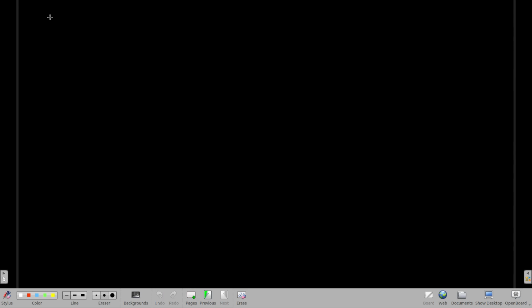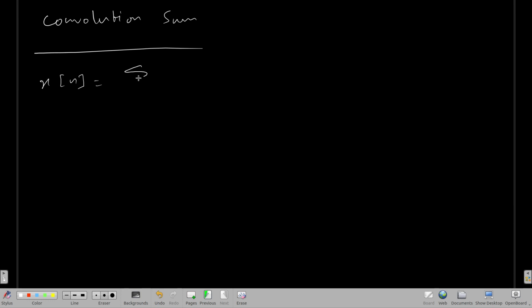So now let's write down the convolution sum formally. x of n is equal to the summation over k equal to minus infinity to infinity of x of k delta of n minus k.